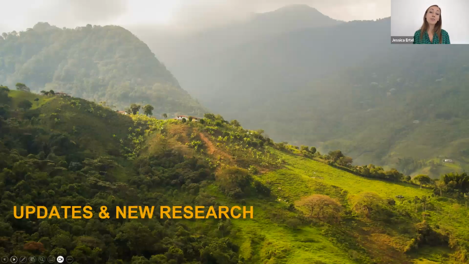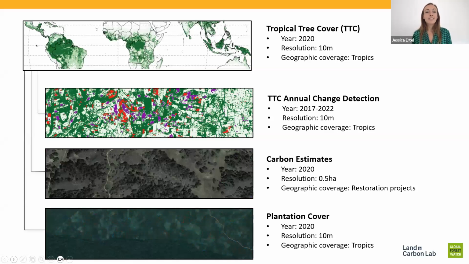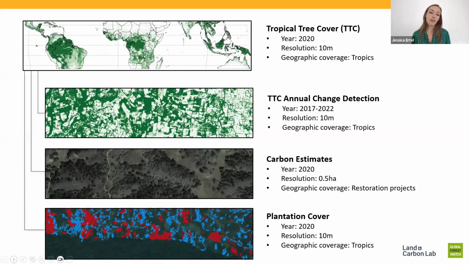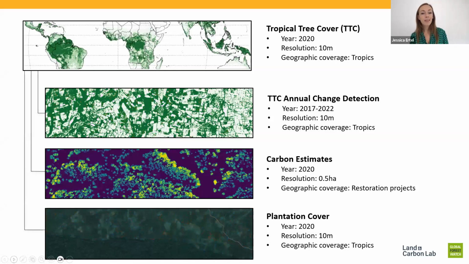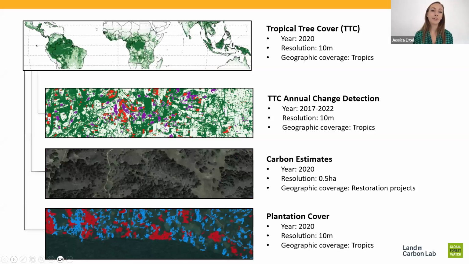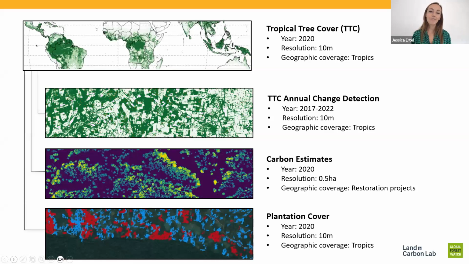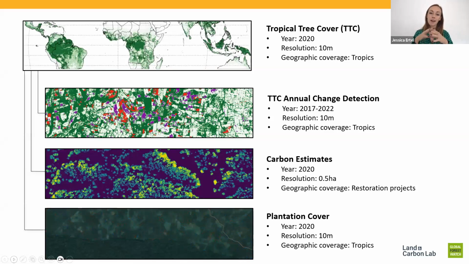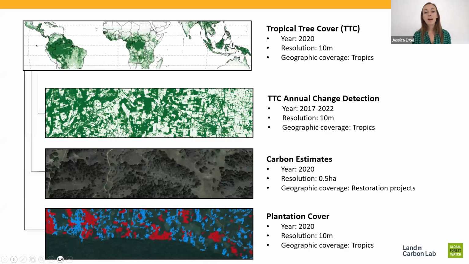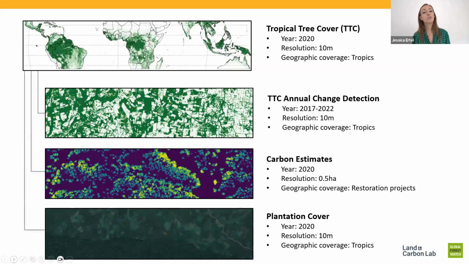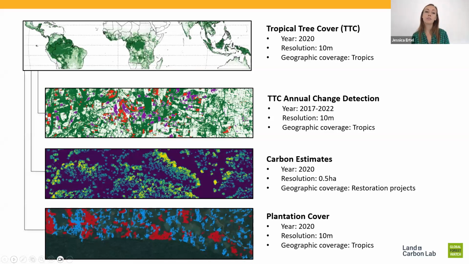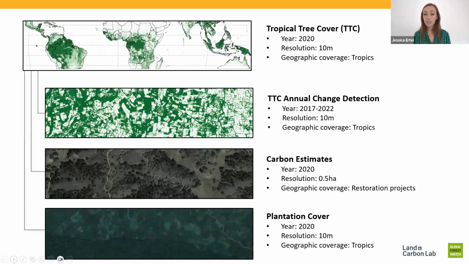Finally, I just want to mention the new research and updates that we've been working really hard on recently. This is a visual representation of our research portfolio right now. So at the top, you'll be familiar with that image. It's the TTC data for 2020. You can imagine that as our umbrella data product. Our team is currently expanding coverage to produce annual data for the years 2017 to 2022.